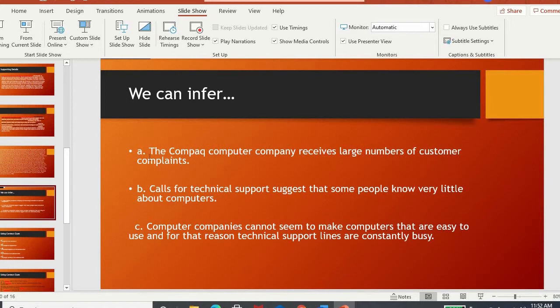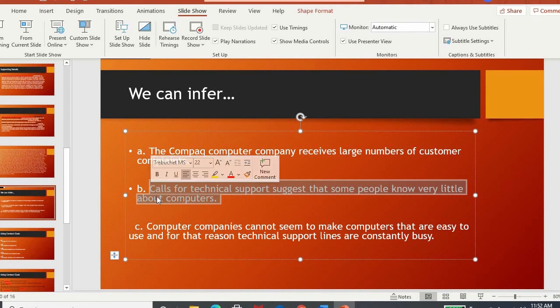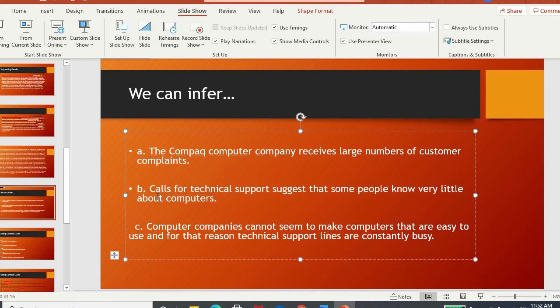Well, they definitely talk about A, but Compaq is not the only company they mention. And we might think that for some cases, but B is probably our most logical inference, that there are some people out there who don't know a lot about computers, and those kind of logs prove that.